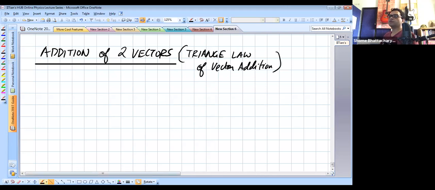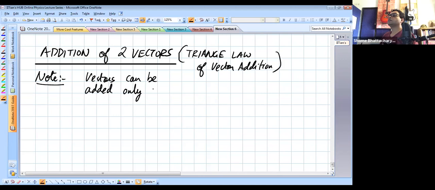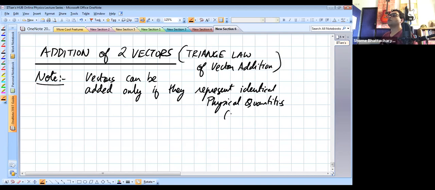So how do we do the addition of two vectors? First of all, you have to understand that we can only add two vectors when they are expressed in the same unit or they represent the same physical quantity. So two vectors can be added only if they represent identical or the same physical quantities, or in the same unit.